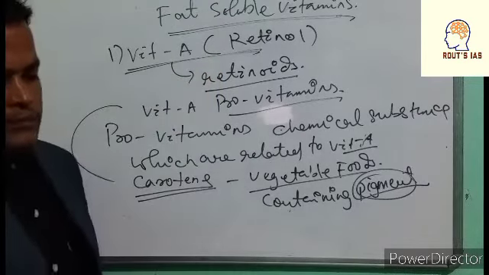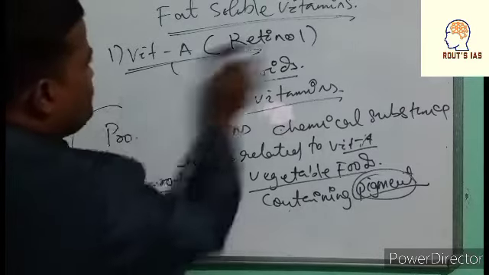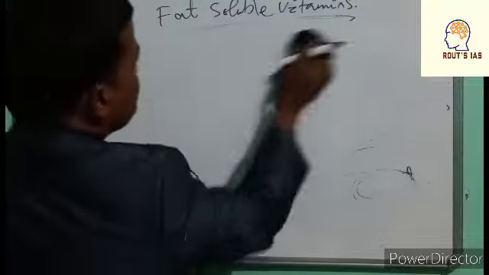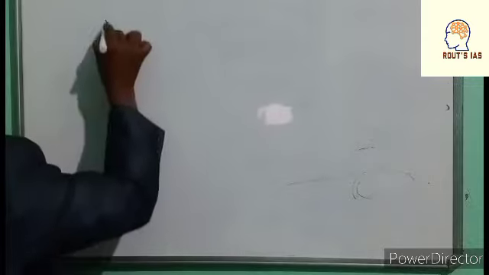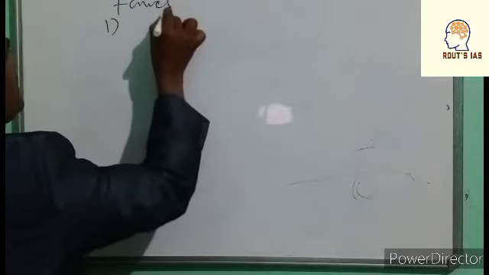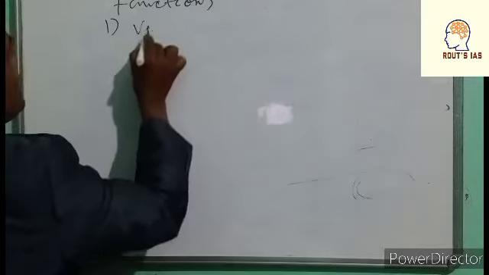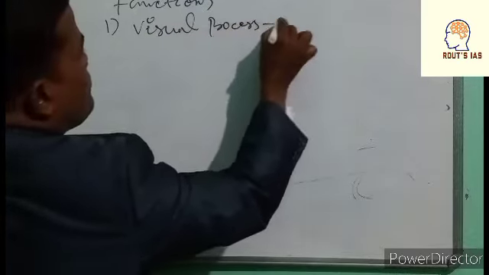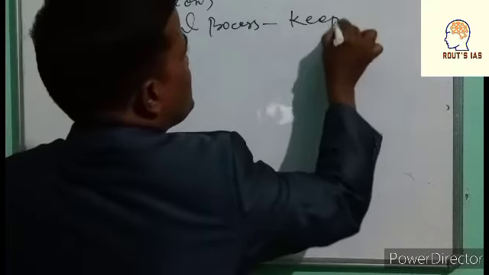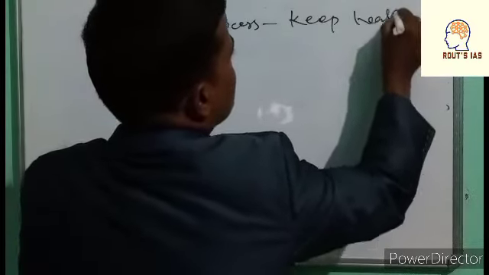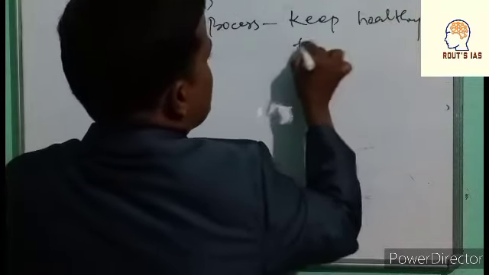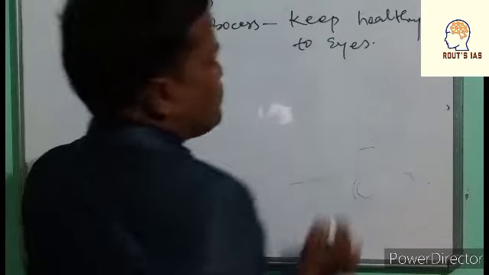Functions. What are the functions of vitamin A? Number one function is the visual process, that is keeping our eyes healthy.